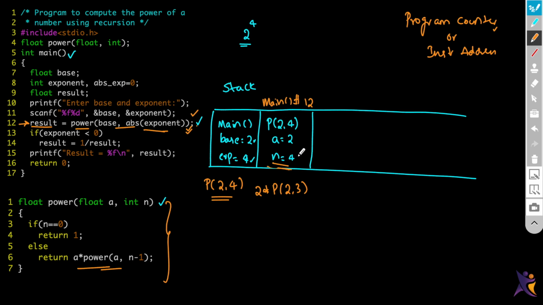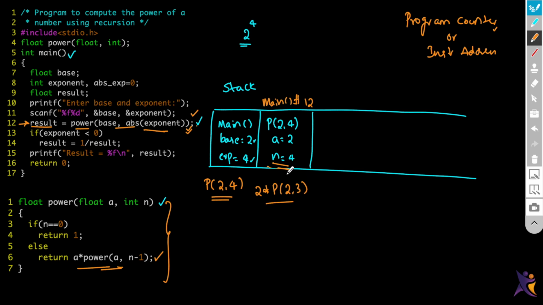Since n is not equal to 0, the control goes to this line and tries to execute a into power of a comma n minus 1. Since a is 2 and n is 4, we have this expression.